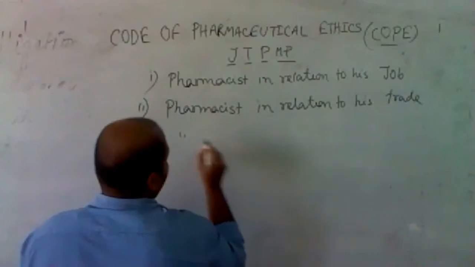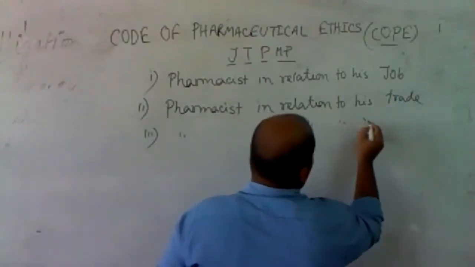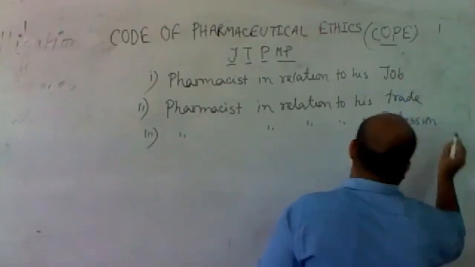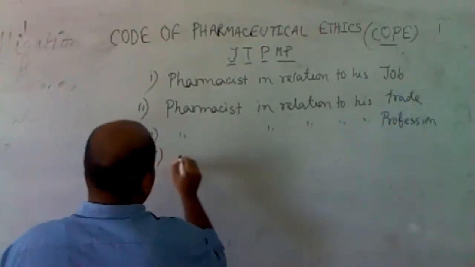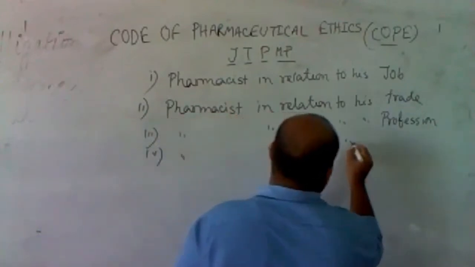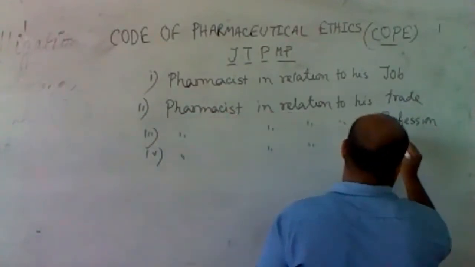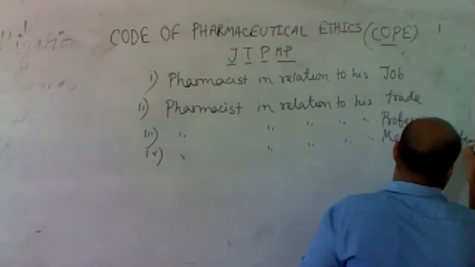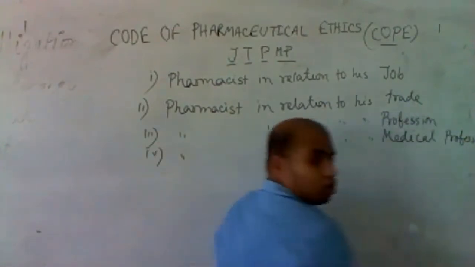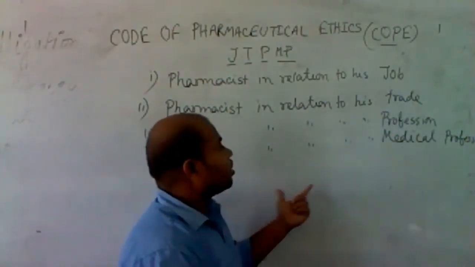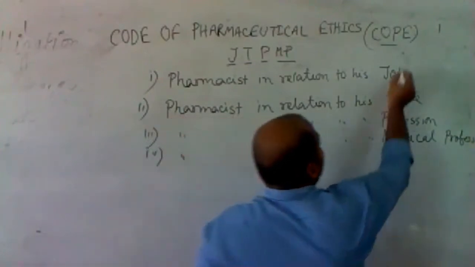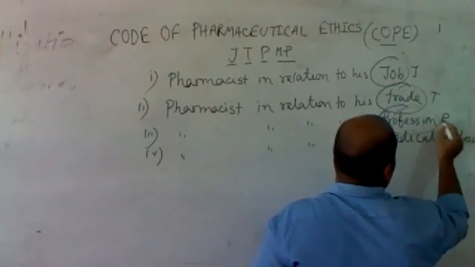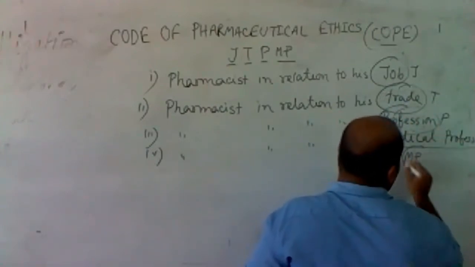Third one is pharmacist in relation to his profession, and fourth one is pharmacist in relation to his medical profession. So for this, we have to just remember this term, that is J for job, T for trade, P for profession, and MP for medical profession.